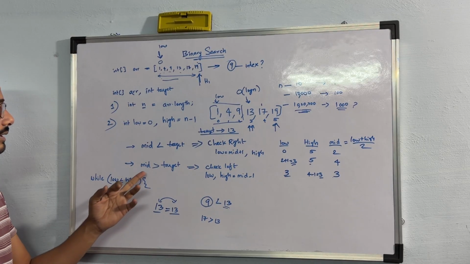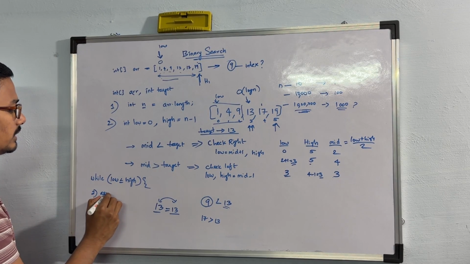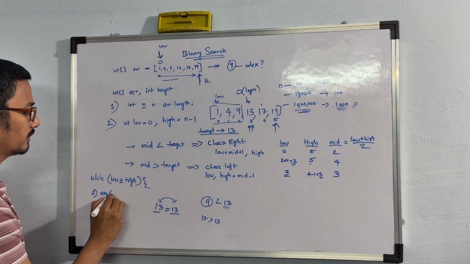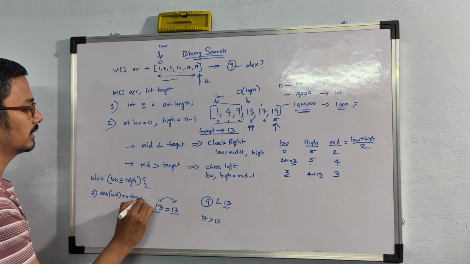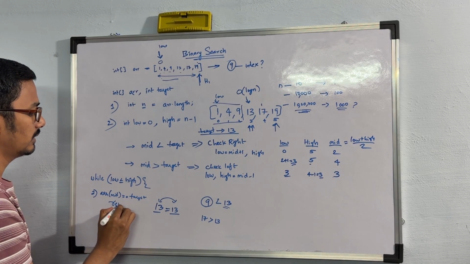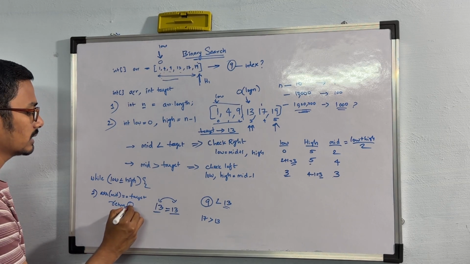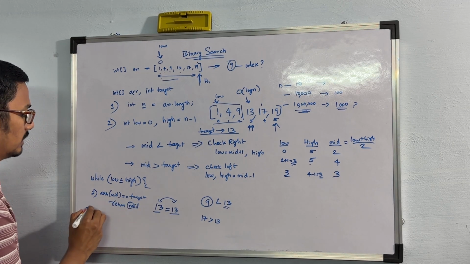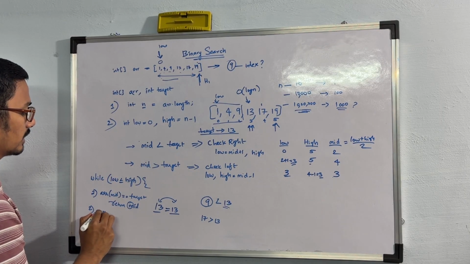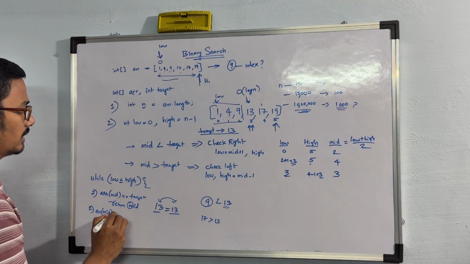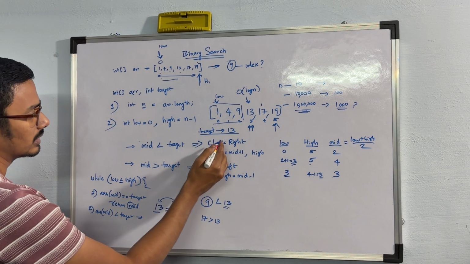First I'll check if array of mid is equal to target, I'll return that particular index, which in this case is mid. Second case, we apply array of mid is less than target. Set new boundaries; I'll simply write check right.